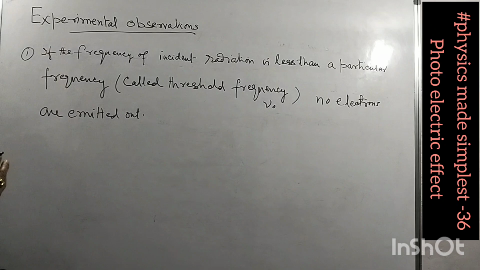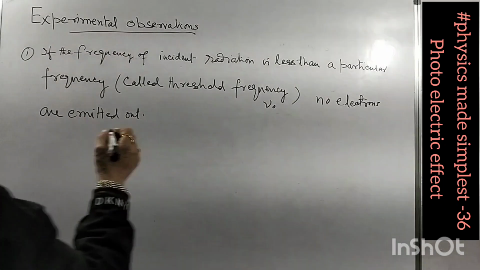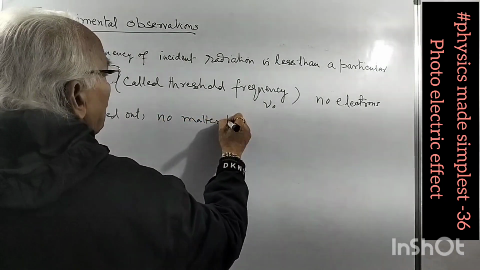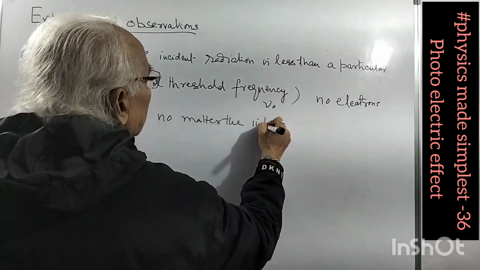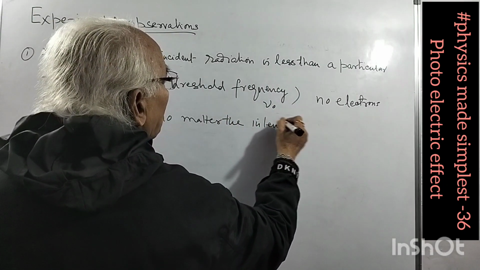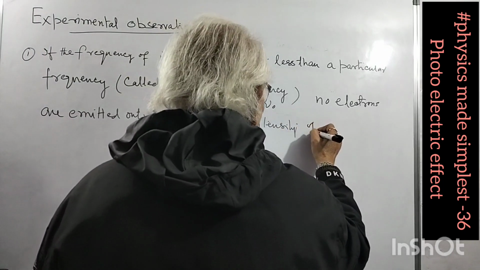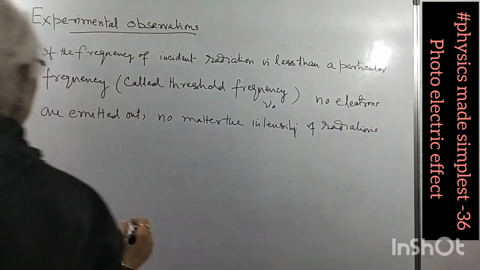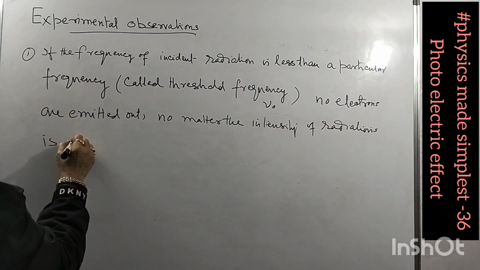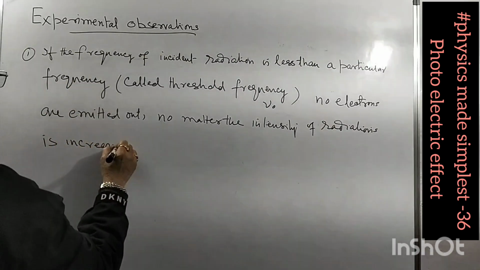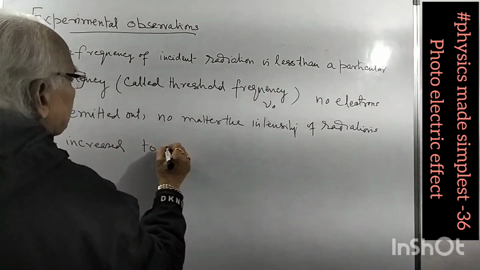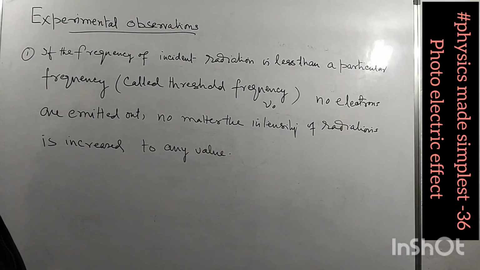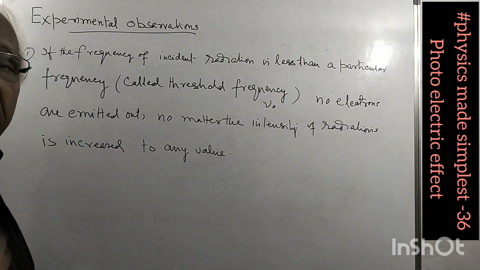This is observation from the experiment. No matter how great the intensity of radiation is increased to any value, this means the photoelectric current doesn't depend upon the intensity of light.